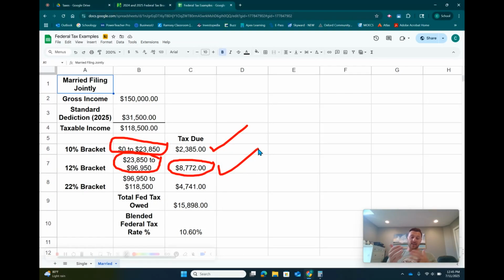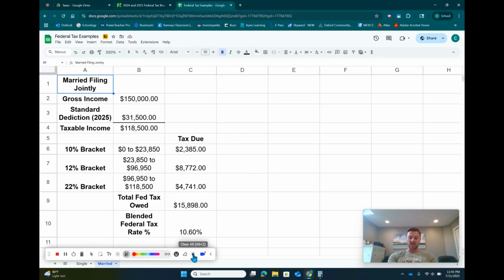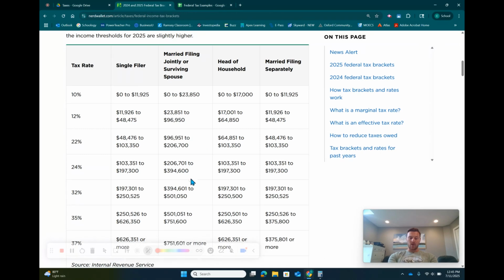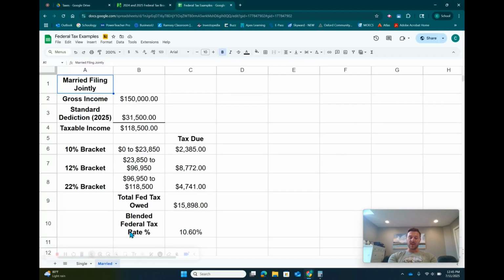And finally, we terminate in the 22% bracket because we made 118. And if I go back here, that bracket went all the way up to 206. That is where we will end and finish with our 22% tax. We will pay only about, what is that, like $22,000 we'll pay 22% tax on. And so we will end up owing $4,741 in that bracket.